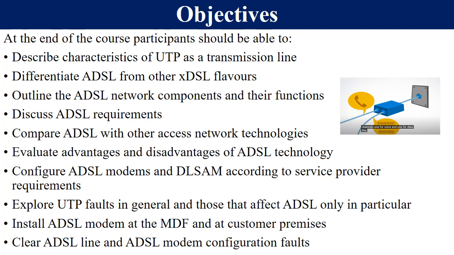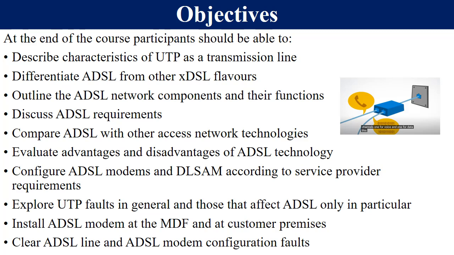The ADSL network devices must be configured. The AAA server, the ADSL modems, the DSLAM. You must be able to configure ADSL modems as well as you must be able to do some configurations on the DSLAM. Then UTP has got some faults that are common on it. You must be able to explore those faults in general and those that affect ADSL.